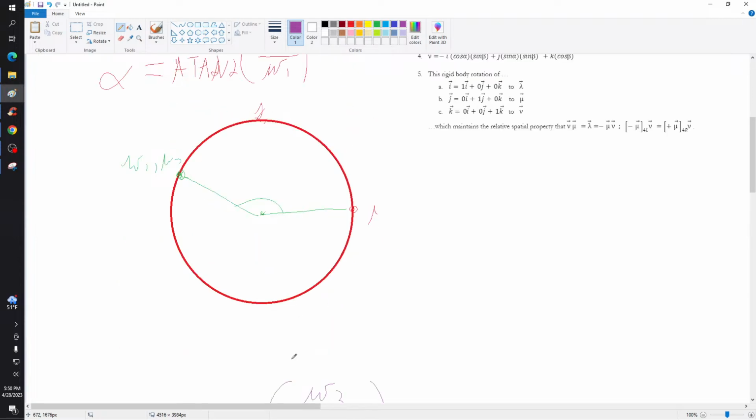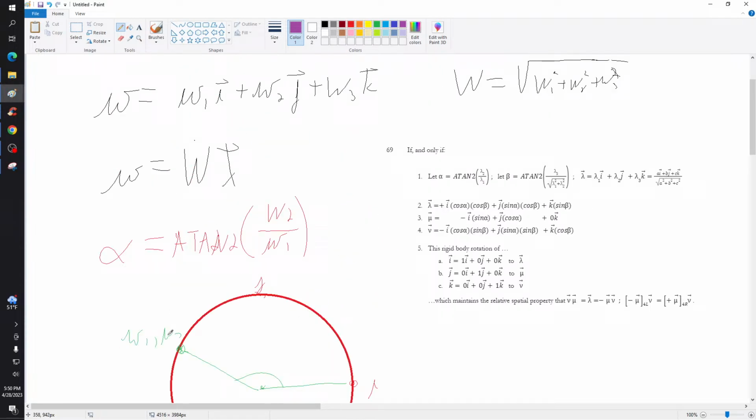So let's call this unit vector, just give me a letter right now, the z vector.